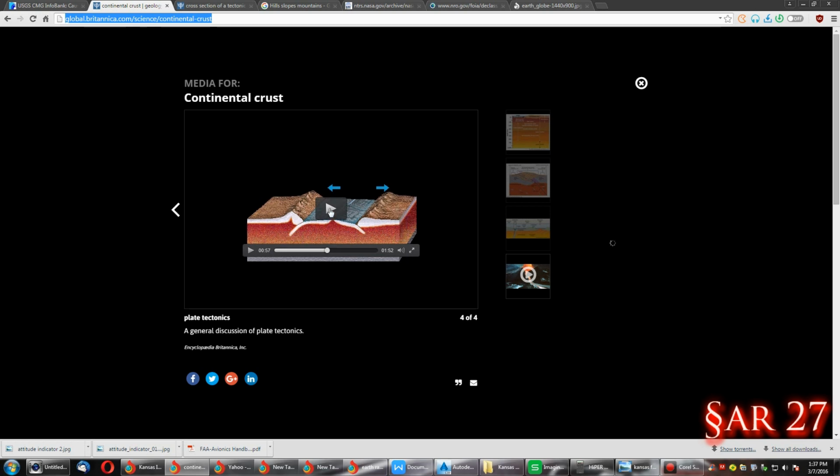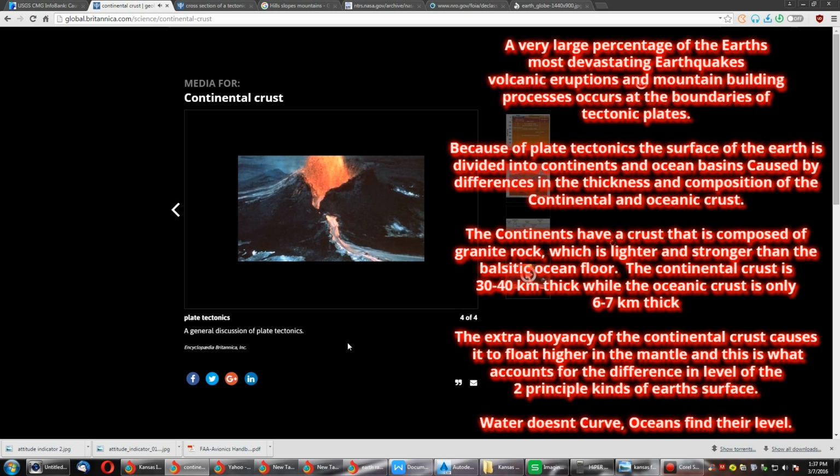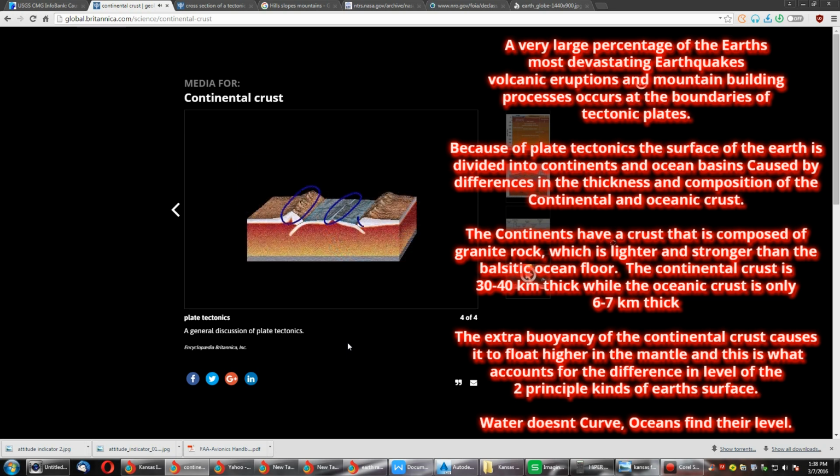A very large percentage of the Earth's most devastating earthquakes, volcanic eruptions, and mountain-building processes occurs at the boundaries of tectonic plates. Because of plate tectonics, the surface of the Earth is divided into continents and ocean basins, caused by differences in the thickness and composition of the continental and oceanic crust.